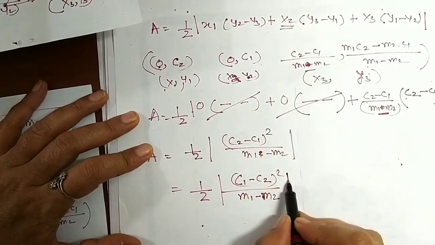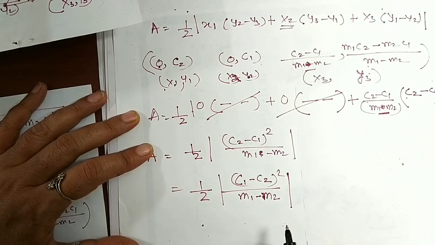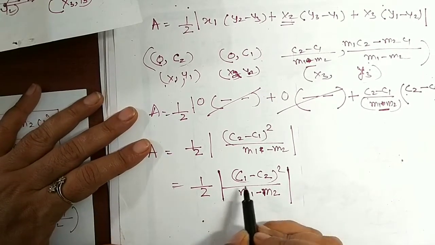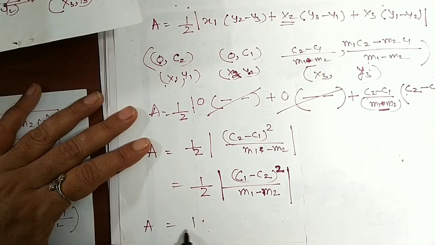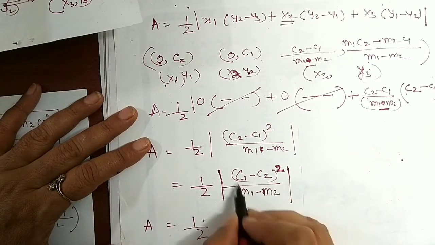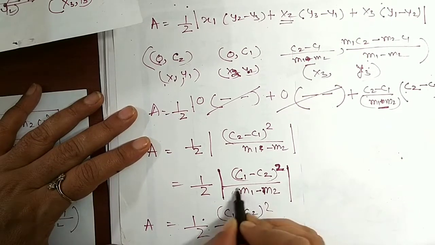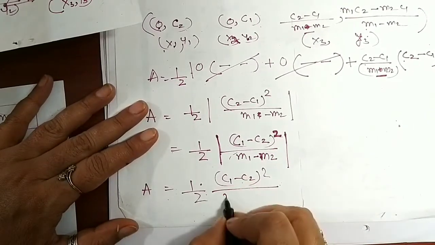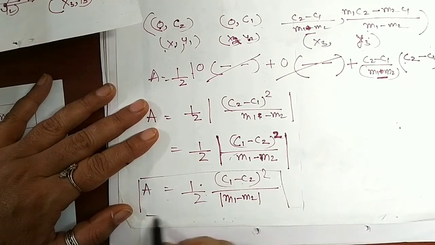Okay, and this is mod. So when you take mod, it is usually meant for positive quantities. So square quantity is already positive, so I don't have to put mod on the numerator. So it is c1 minus c2 square by mod of m1 minus m2. I am not sure whether m1 minus m2 is positive or negative, so I have to put mod here. So this is my final answer.